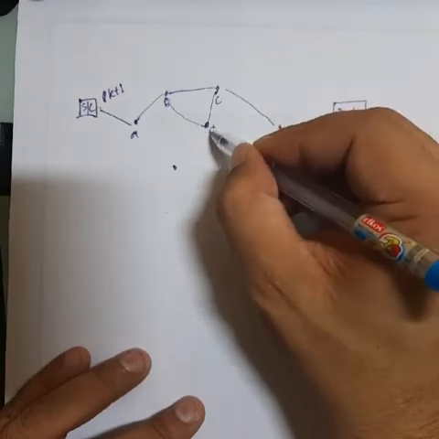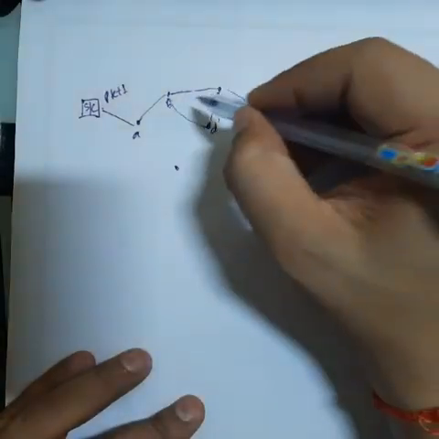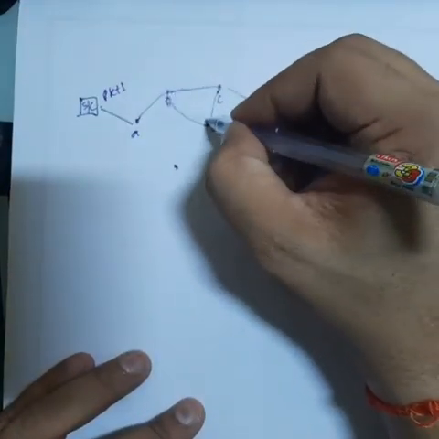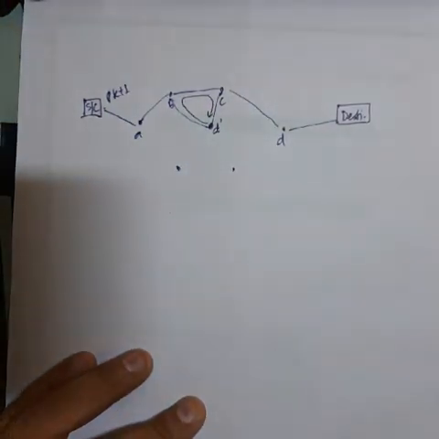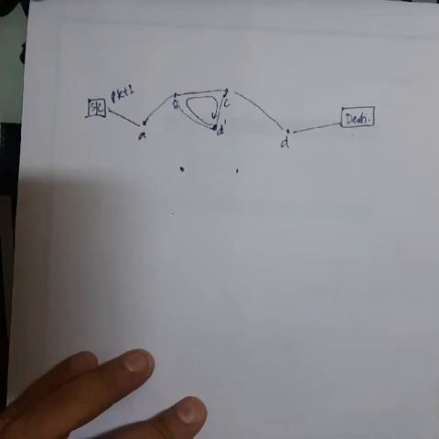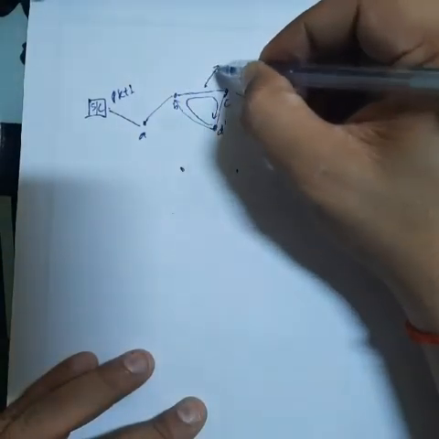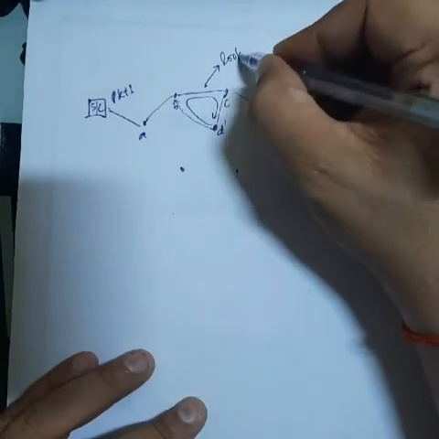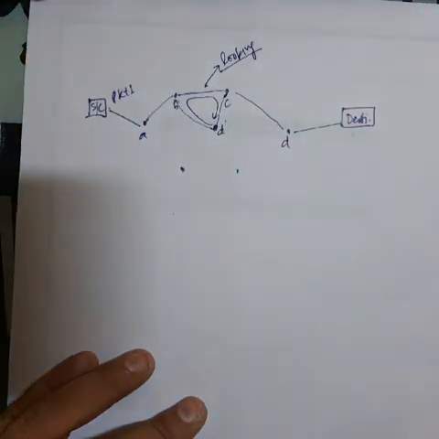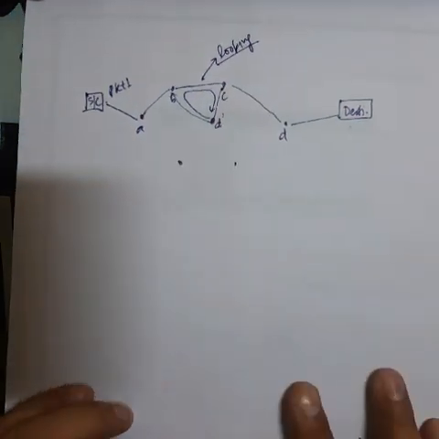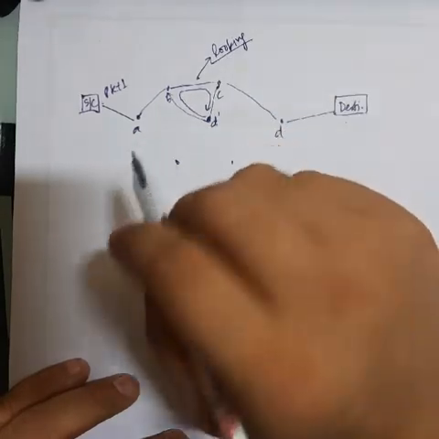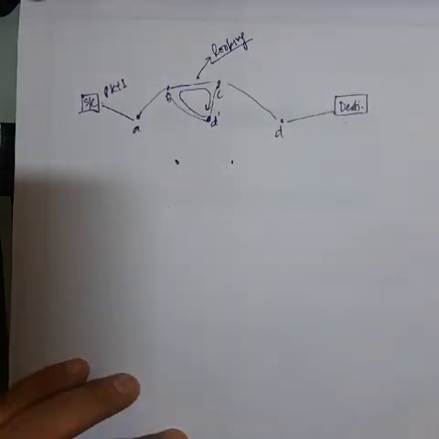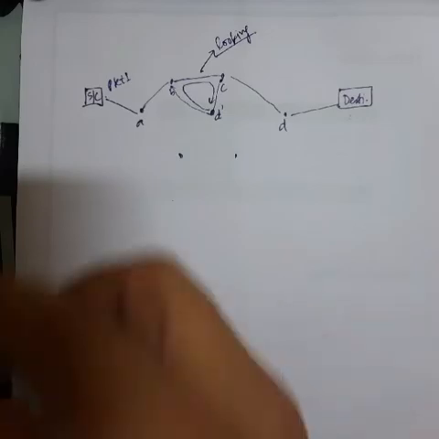Suppose that this is node D dash, and through this procedure the packet goes into a loop, or we can say the packet is stuck in this loop. So this is the problem of looping in LAN or WAN. To avoid this situation, we use the concept of TTL. So how does TTL avoid this situation?